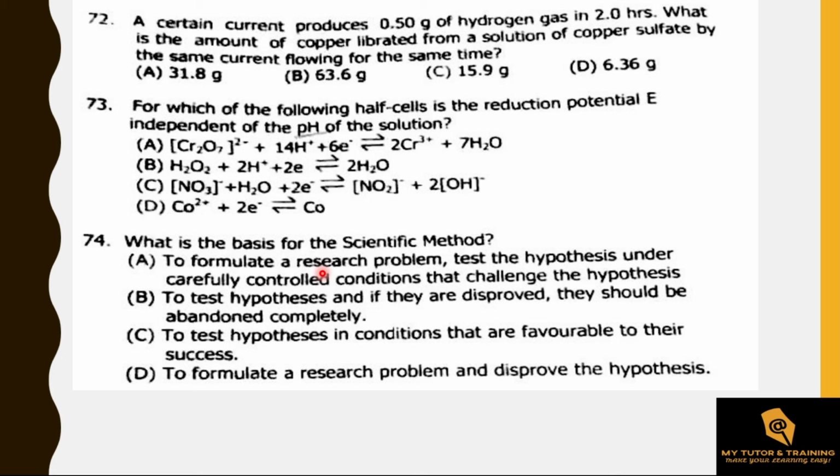So for question number 74, let's come to choice A. To formulate a research problem, test the hypothesis under careful conditions that challenge it. No. Choice B. To test hypotheses, and if they are disproved, they should be abandoned completely. They should be what? Abandoned completely.